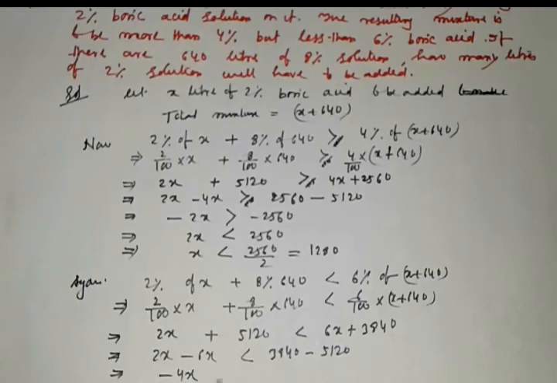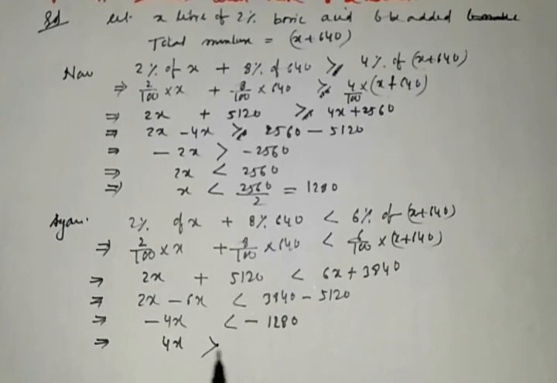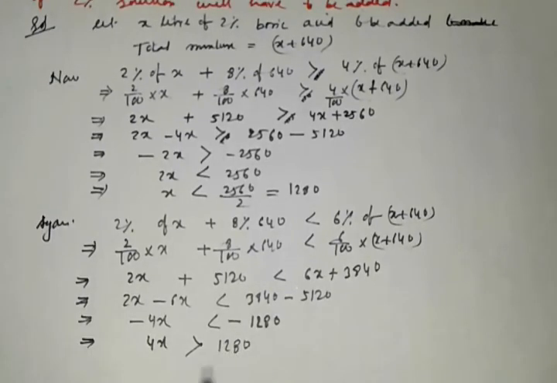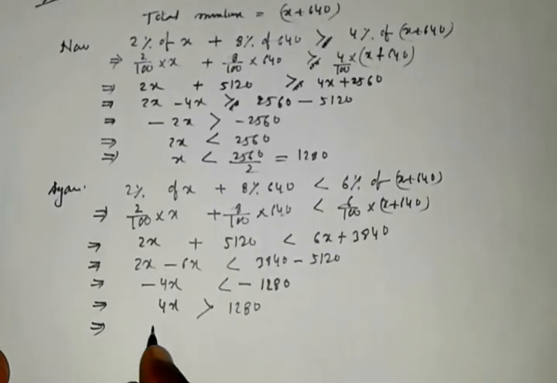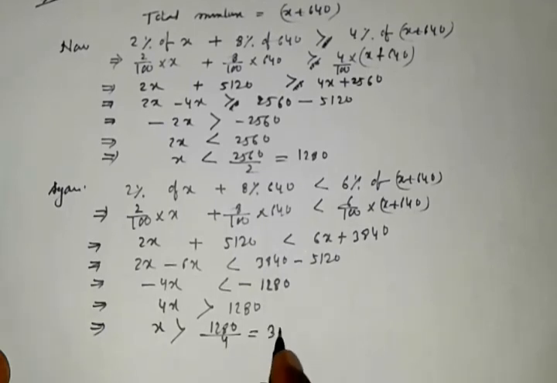This is minus 4x less than minus 1280. We can remove the negative sign, therefore 4x will be greater than 1280. From this we can write x greater than 1280 by 4, which is equal to 320.